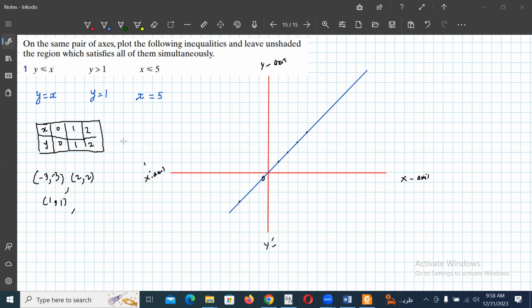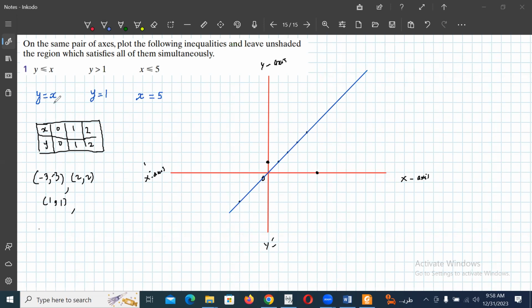And next, we have to draw two more lines, and those two lines are y is equal to 1 and x is equal to 5. So y is equal to 1 is here exactly. And remember that x is equal to 5: 1, 2, 3, 4, 5. That point is here. One is a horizontal line and one is a vertical line.